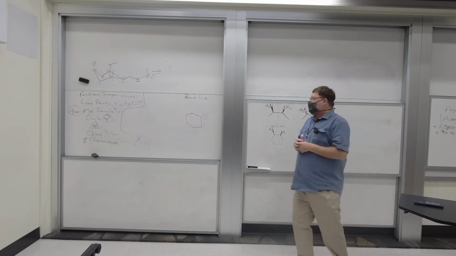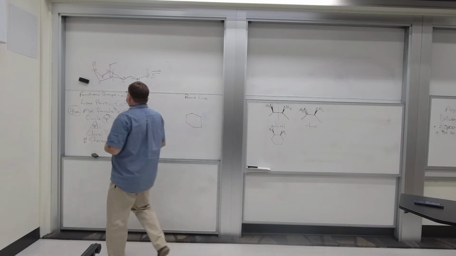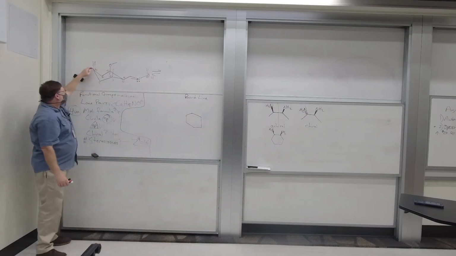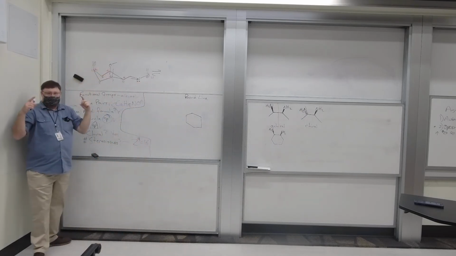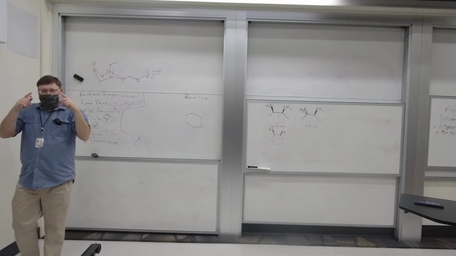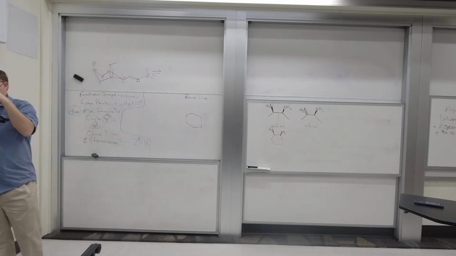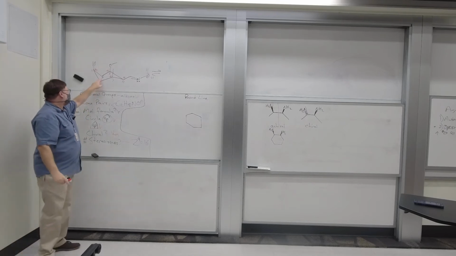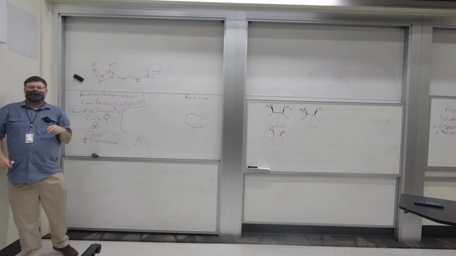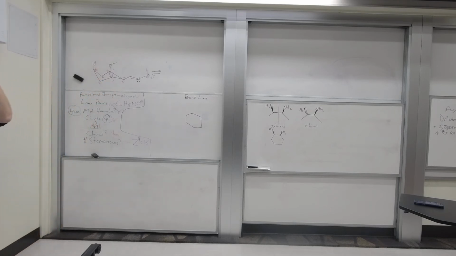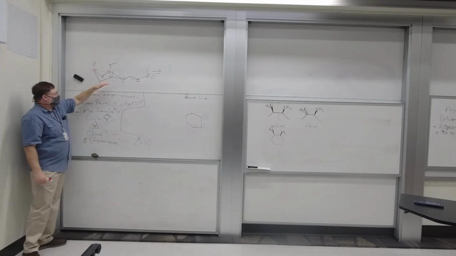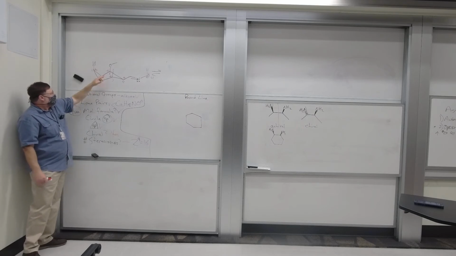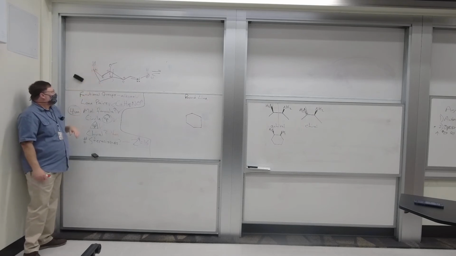So when you do a chair flip, there are three up carbons here. An up carbon is where the two bonds going to it are pointed up. There are three down carbons. Carbons 2 and 3 are in front of the plane, 5 and 6 are behind the plane.